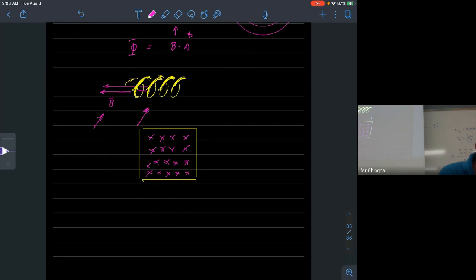The flux is only defined if you have an enclosed area. So we can't talk about a flux on the outside because there's not an enclosed area on the outside. So is the flux on the inside the opposite direction? Is it always the opposite direction to the field on the outside?